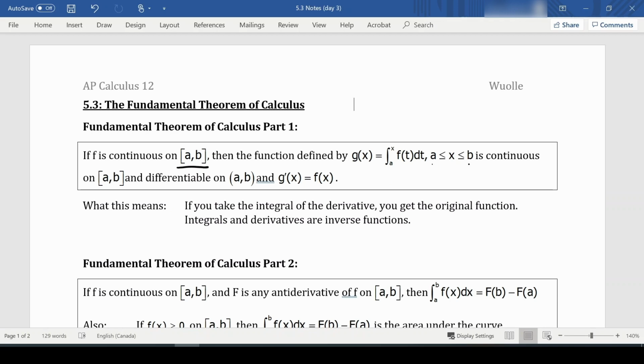In other words, if you take the derivative of an integral, you get back the inside stuff, as long as that integral starts from some number a and is evaluated up to x.